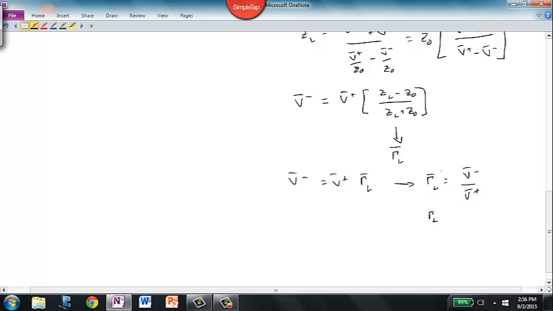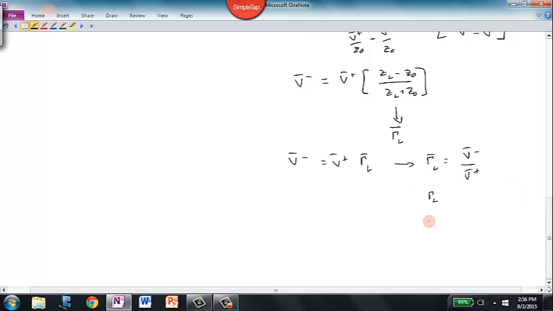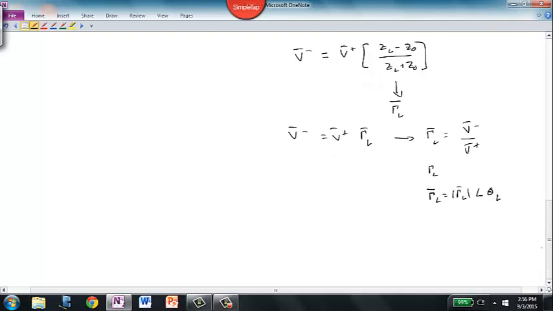So if we were to write this out, the reflection coefficient has a magnitude and some sort of phase angle associated with it. Let's hold off on the example for right now. I want to point out one more thing.